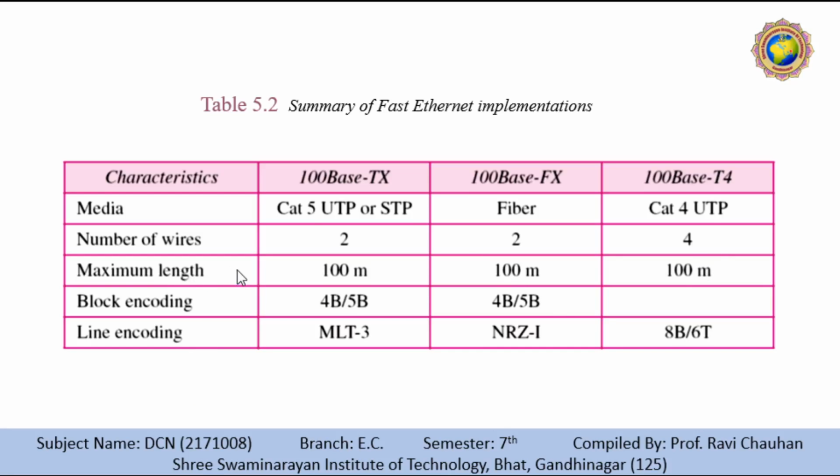What is the maximum length? All have a 100 meter maximum length. What is the block encoding? 4B/5B is used by 100 base TX and 100 base FX, and the line encoding used is MLT3 in 100 base TX. NRZ-I is used in 100 base FX, and 8B/6T is used in 100 base T4. So this is a summary of our fast Ethernet implementations.